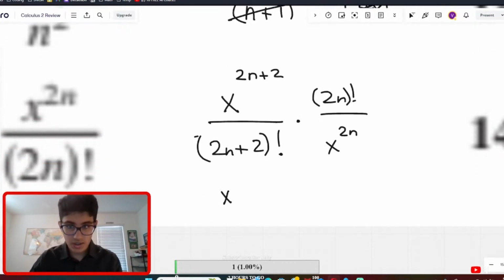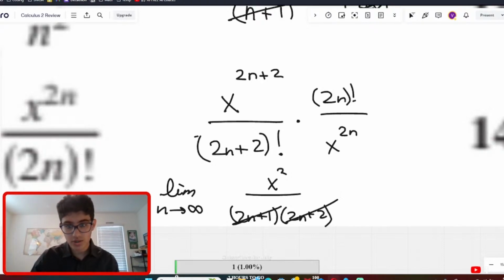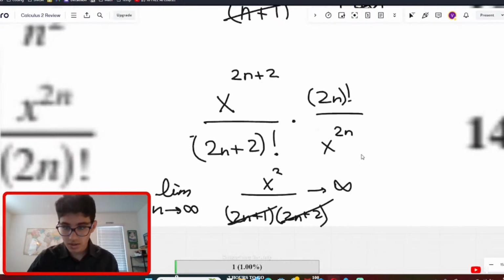We've got x squared divided by 2n plus 1 and 2n plus 2. Now remember, we're taking the limit. I haven't written this at all. I've done a very bad job with that, but we're taking this limit. So no matter what, these will always go to 0. So here the radius is infinity. This is the radius.